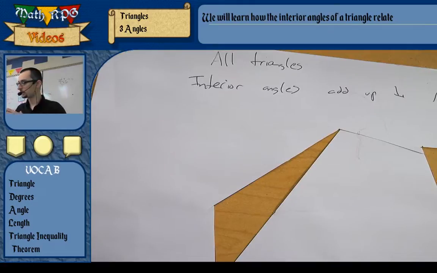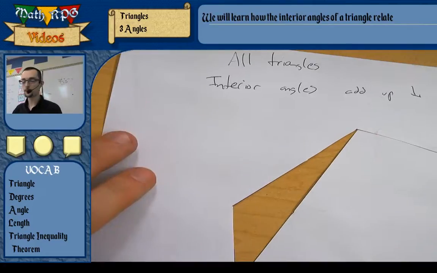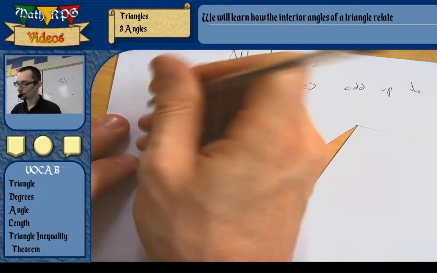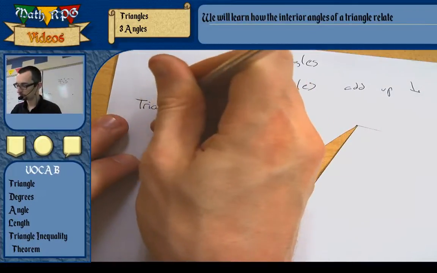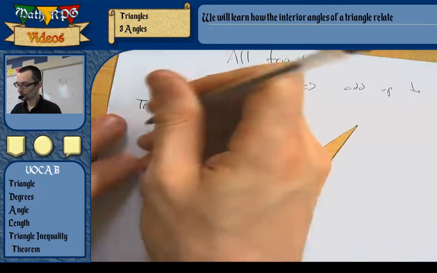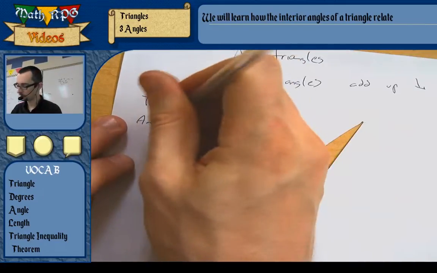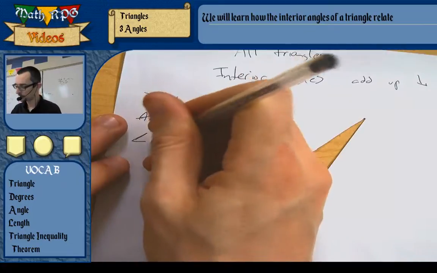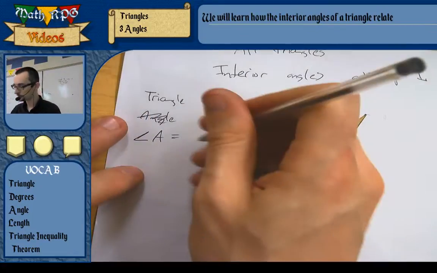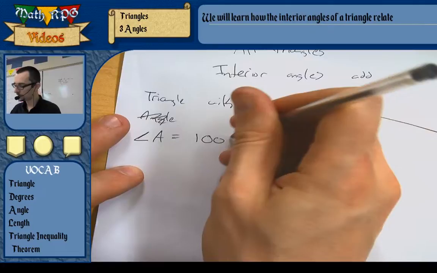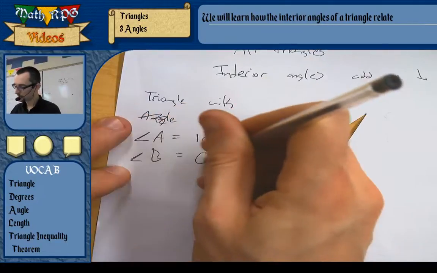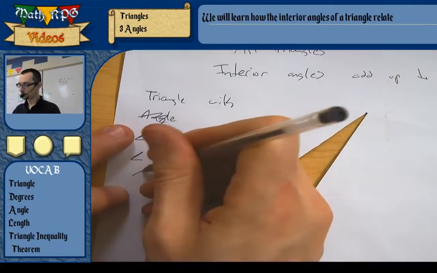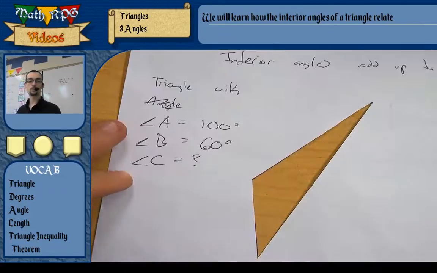That's just what happens. So we saw the demonstration, and now you can solve some problems. I'll put some problems below. If I give you two angles, you can tell me the third angle. If I have a triangle where angle A equals 100 degrees, angle B equals 60 degrees, and I want to know what angle C is, you could write this as an equation, right?